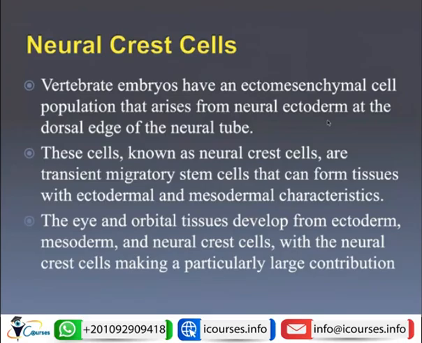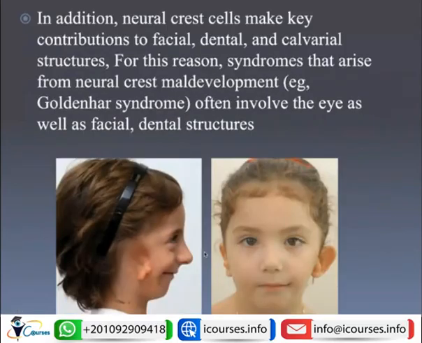Between the neuroectoderm and the neural tube, there will be the neural crest cells that will later on assume some ectodermal and mesodermal characteristics to form what is called mesenchymal cells. This will share in the formation of different ocular structures, as we will see later, and a defect in these neural crest cells can lead to congenital anomalies that affect the development of the face, the teeth, and the vertebrae.